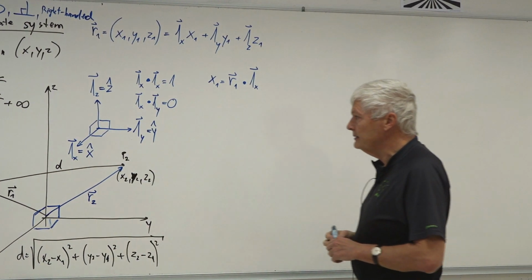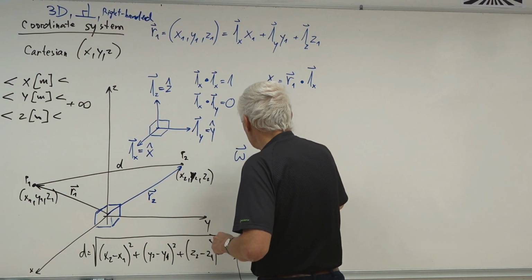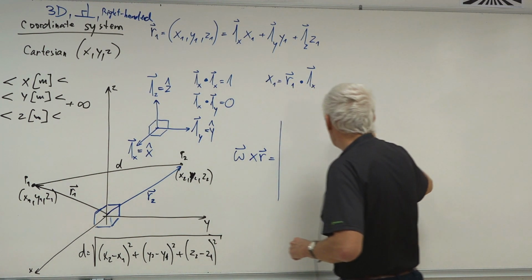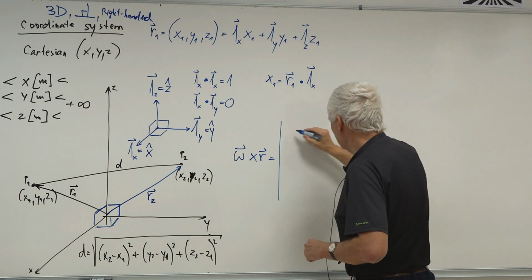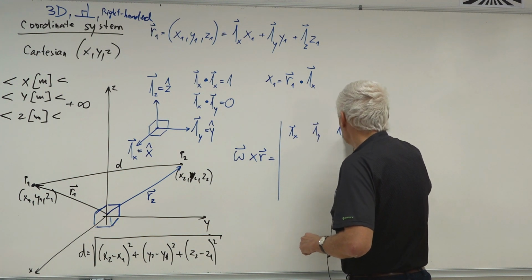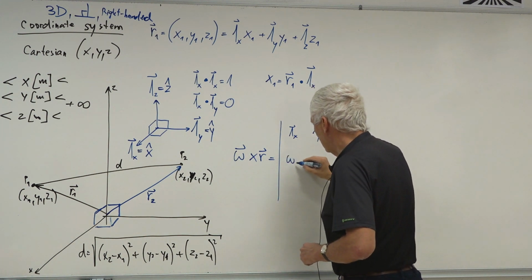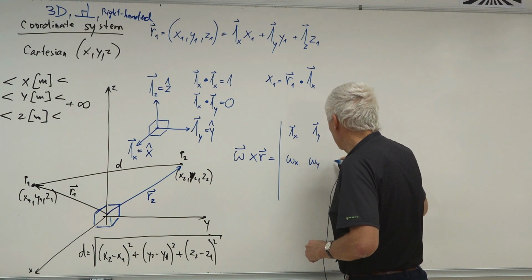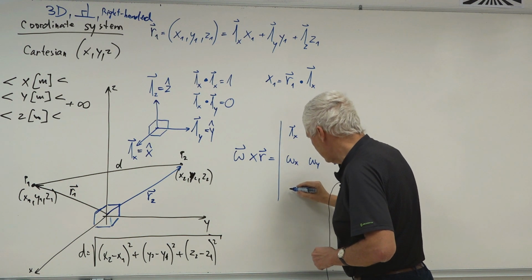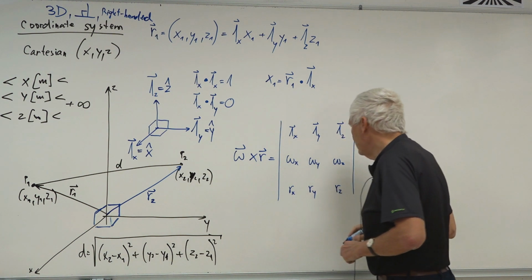And how do we calculate the cross product? So omega times r, how do we calculate it? We calculate it through a determinant where we have our unit vectors in the top row, 1x, 1y, 1z. We have the components of the first vector in the central row, so omega x, omega y, omega z. And we have the components of the second vector in the bottom row, so rx, ry, rz.